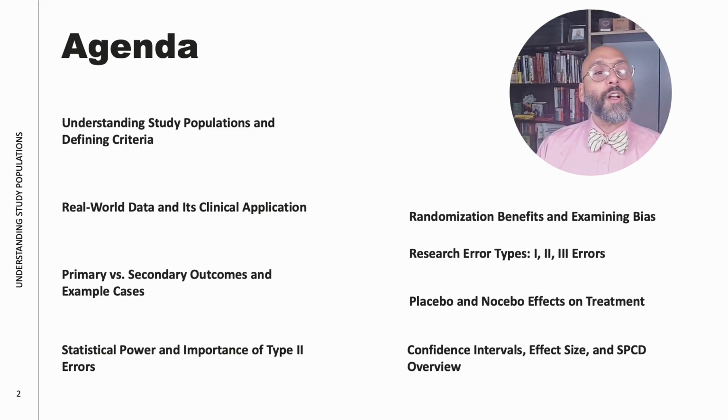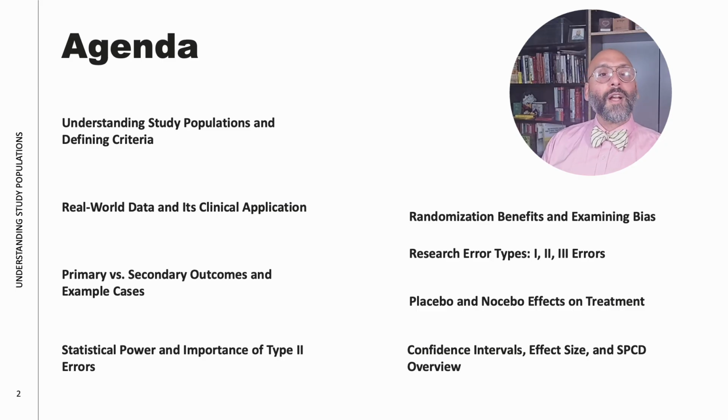And then we're going to talk about statistical power and error, especially type 2 errors, which quietly shape what you think doesn't work. Then we're going to talk about the concept of randomization and bias in studies, not as abstract concepts, but as practical safeguards against misleading conclusions.